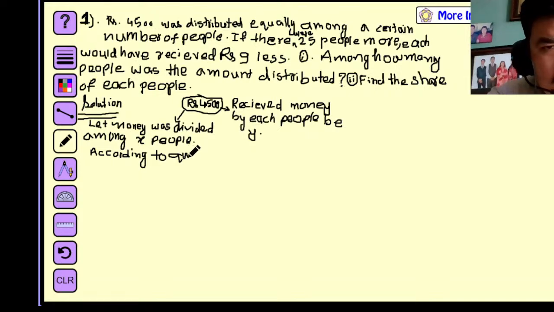What is given according to the question? Look there.